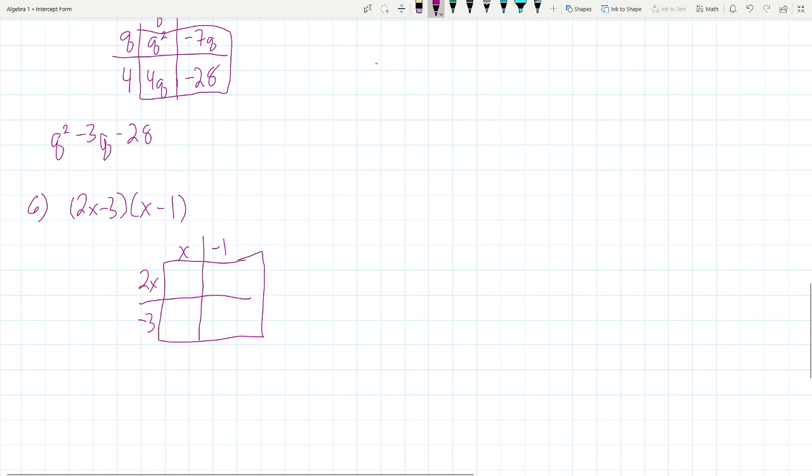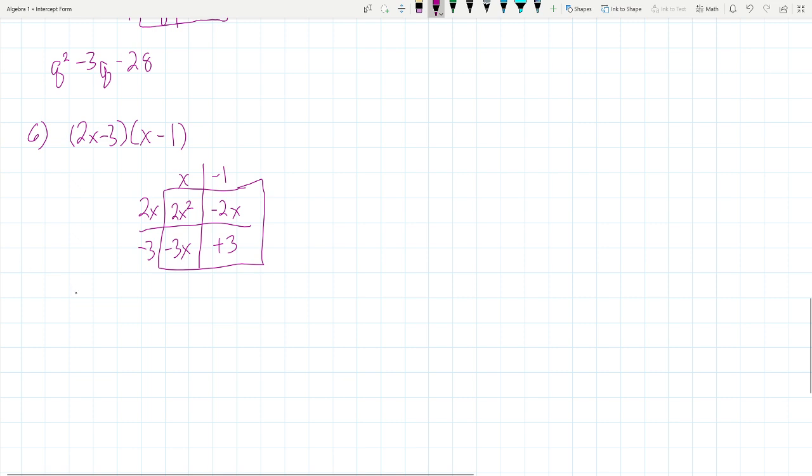So 2x times x is 2x squared. 2x times negative 1 is negative 2x. Negative 3 times x is negative 3x. Negative 3 times negative 1 is positive 3. Okay, we're going to combine like terms. So I get 2x squared. Negative 3 and negative 2 makes negative 5x plus 3.